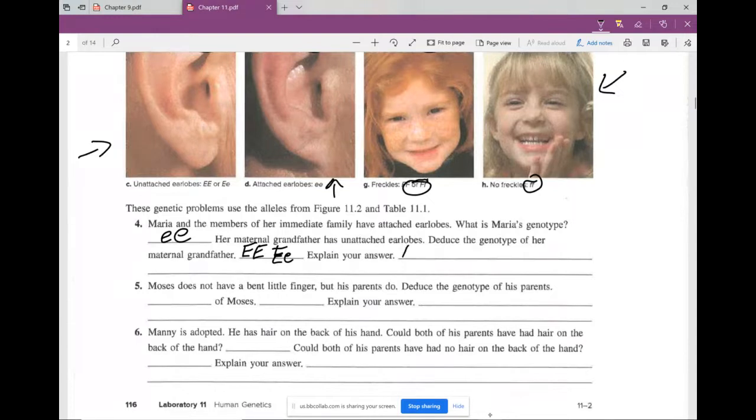Okay, he had to have at least one copy of the dominant allele.